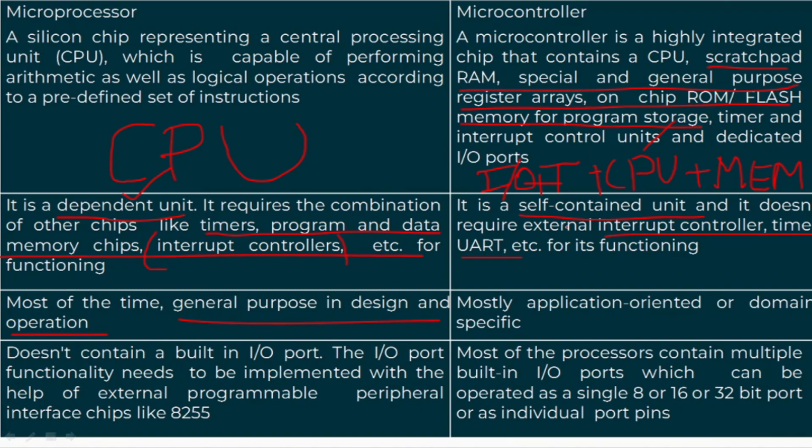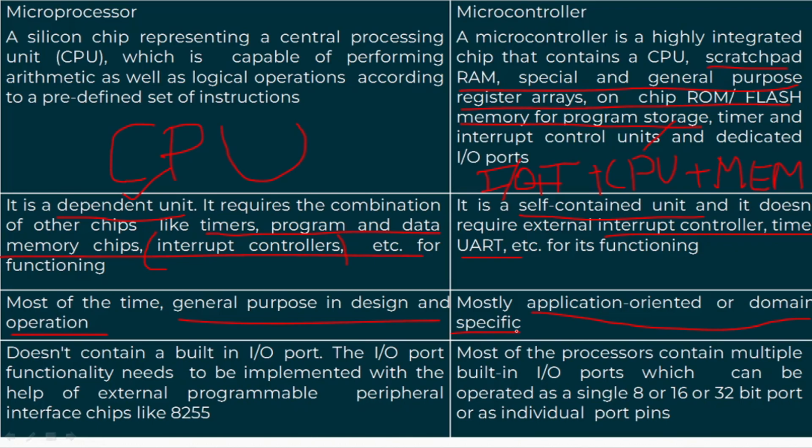Whereas because it already has some of the components to perform some basic tasks, it's usually application oriented. That is, they have designed it in such a way that it works the best for a specific application or specific domain.